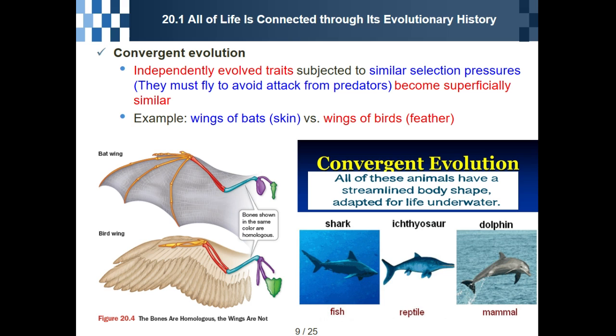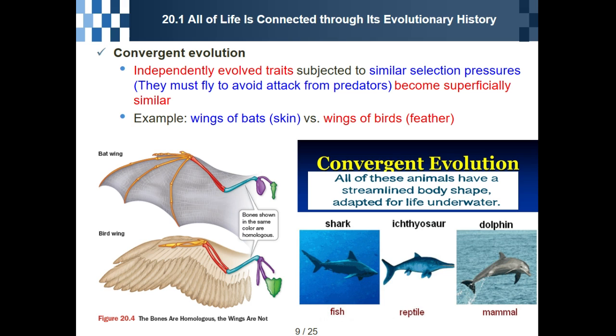So the skin and feather are independently evolved traits subject to similar selection pressure. What is the selection pressure? They must fly to avoid attack from predators. They have to fly. But they have independently evolved traits: one is skin, one is feather.